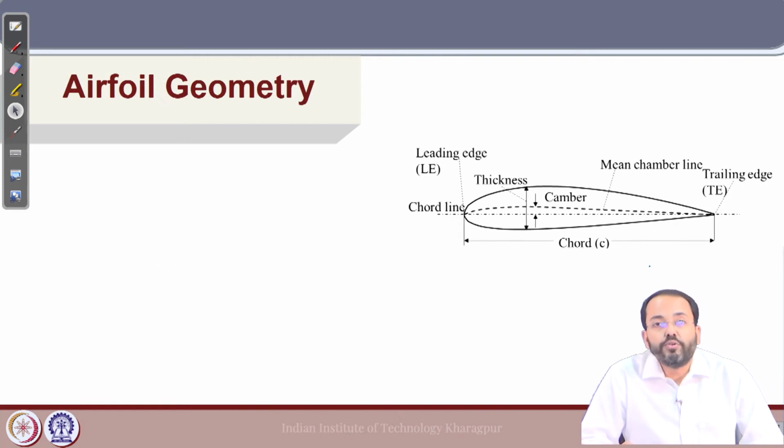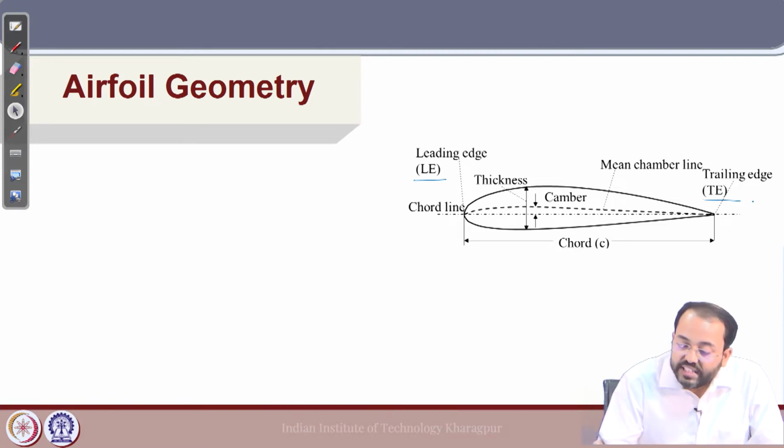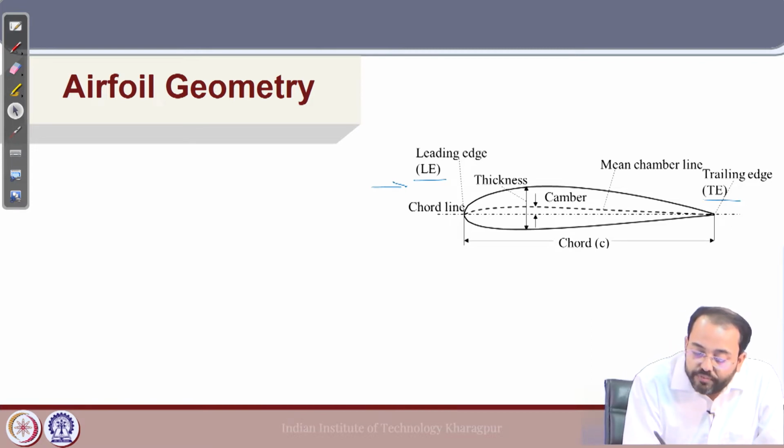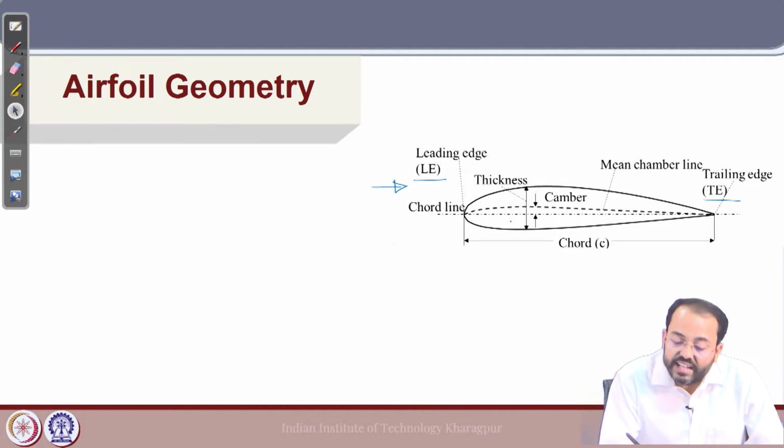The geometry of a 2D airfoil section is shown here. We have the leading edge and the trailing edge. The flow direction will be from left to right, and this is a cambered airfoil.